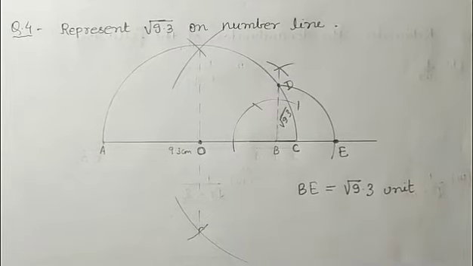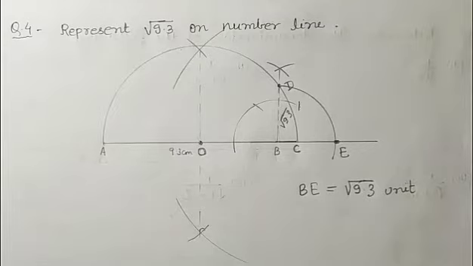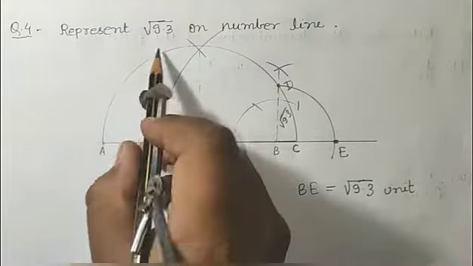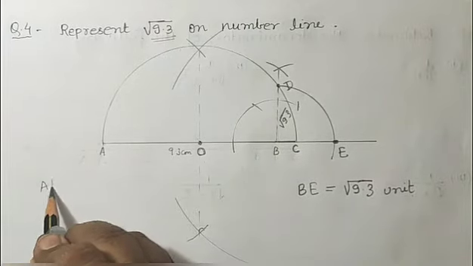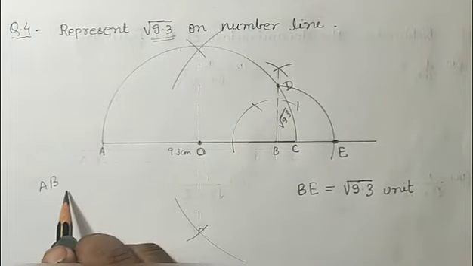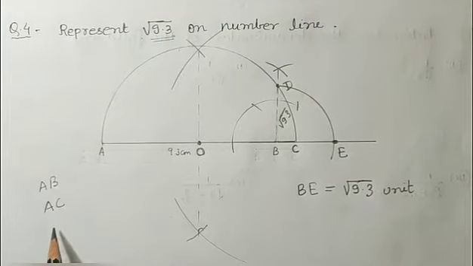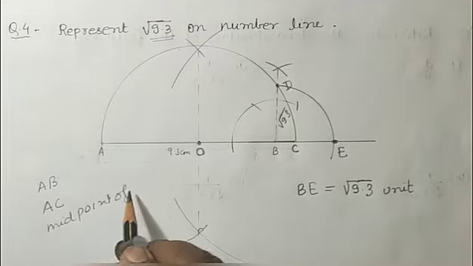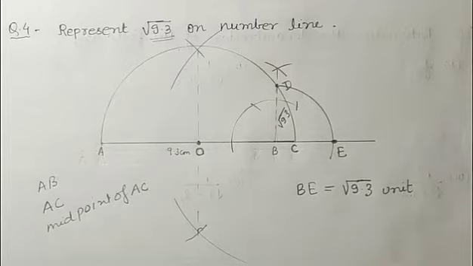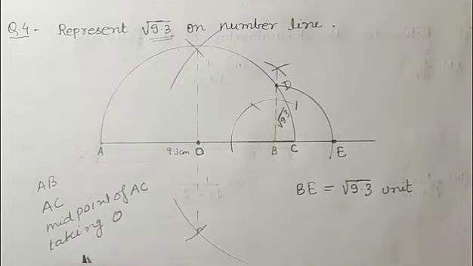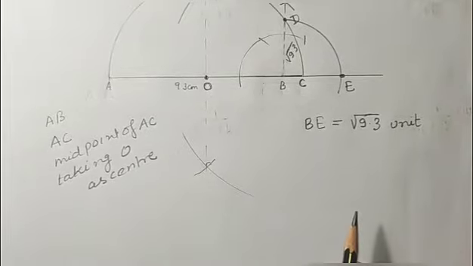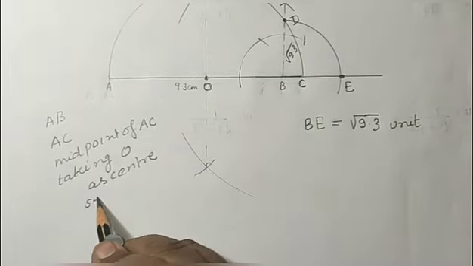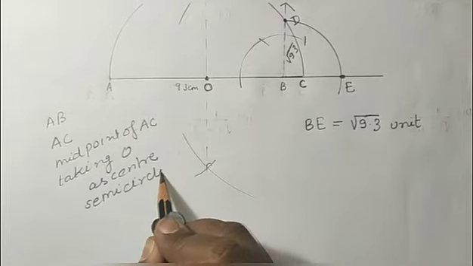Okay students, just remember a few steps to solve this question. Firstly, draw a line segment AB of whatever number is given. Then extend one unit more so that you get AC. After that, find the midpoint of AC by drawing a perpendicular bisector. Then, taking O as center, draw a semicircle.